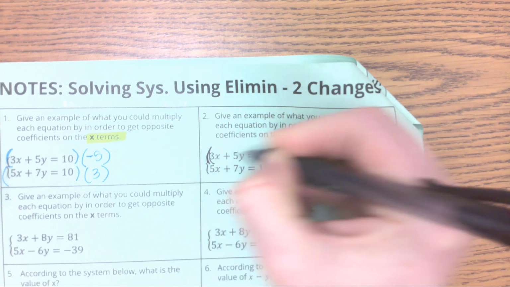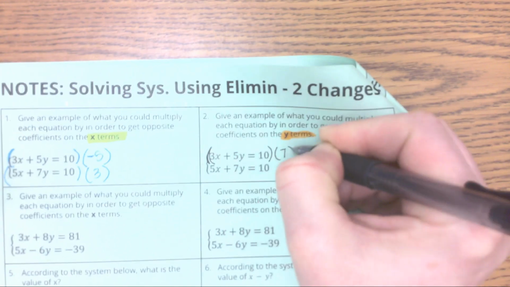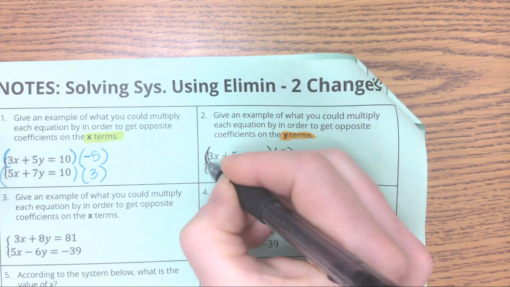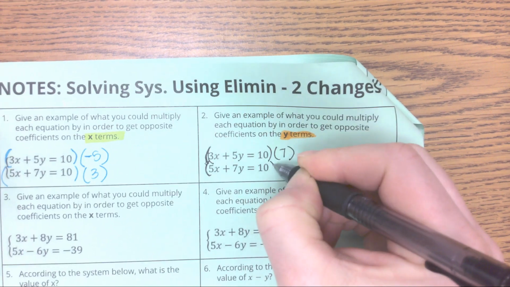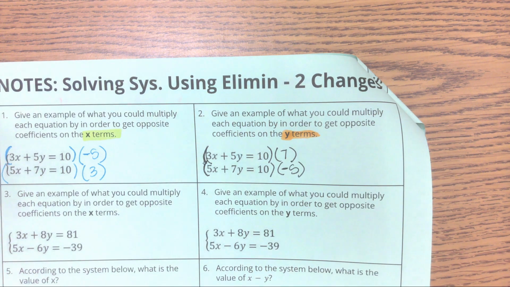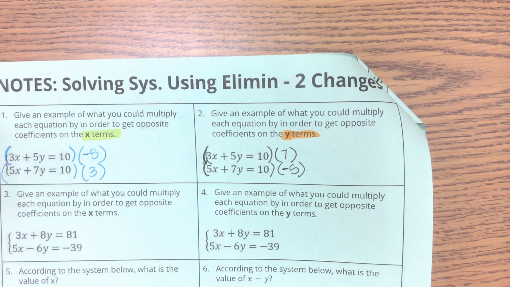So I'm hearing multiply the top by 7 because that would give me a 35y. If you're going to do that one by 7, then do this one by a -5 to get a -35. Sometimes the signs are already opposites, and then you can do both by positive. Okay, so that's the idea here.